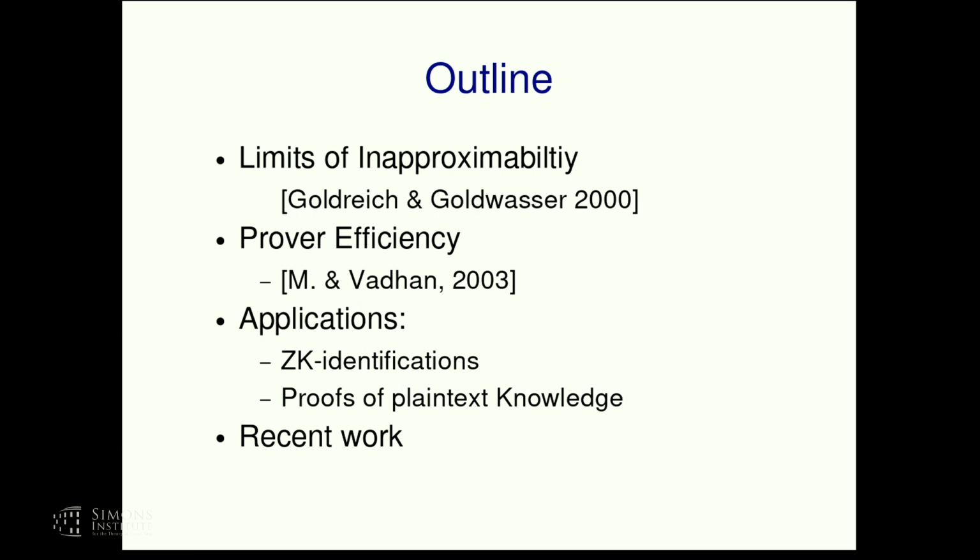So the first work was motivated by complexity issues, understanding the complexity of the lattice problems. And this second proof system was motivated by developing at least the theoretical applications where you could use the proof system in an actual protocol, and something that is important in that setting is to have an efficient way to implement the prover strategy, which is not something that is part of the basic definition of a proof system. So I will sketch how to use this proof system to build zero-knowledge identification schemes and proof of plaintext knowledge. And at the very end, very briefly, I will mention some of the recent work.